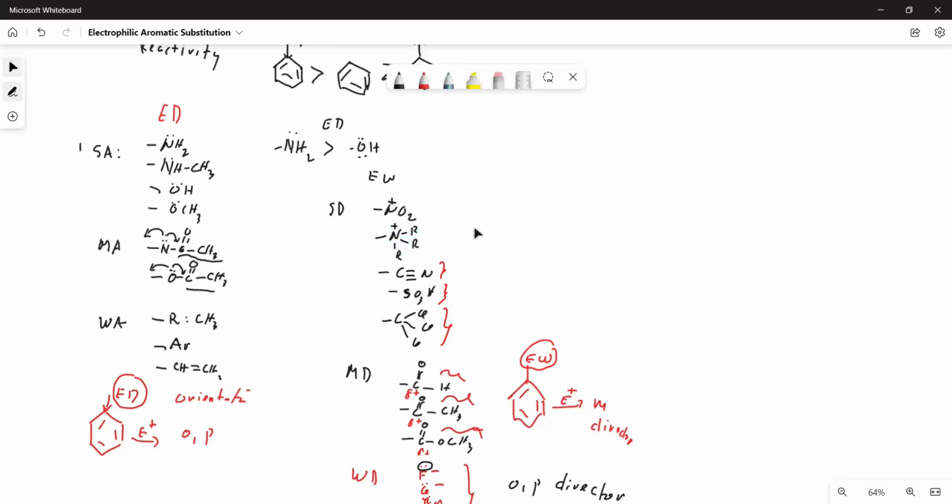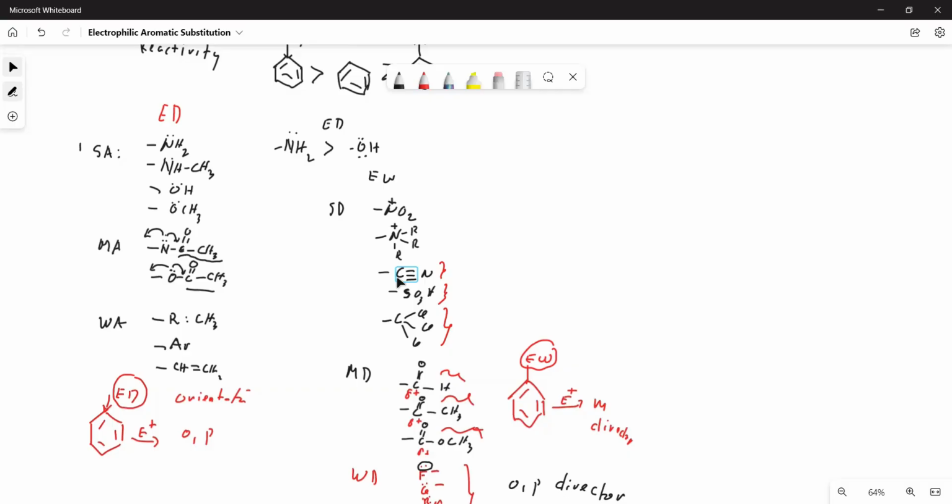So there is no lone pair anymore. And that becomes a very strong electron withdrawing group. Similarly, the cyanide is also classified as strongly deactivating because although there's a pi bond there, the carbon here is partially positive.